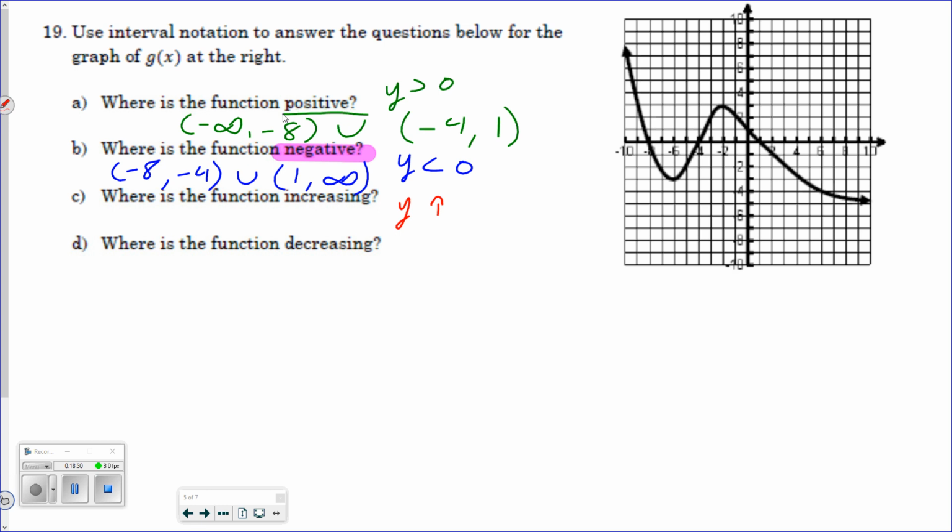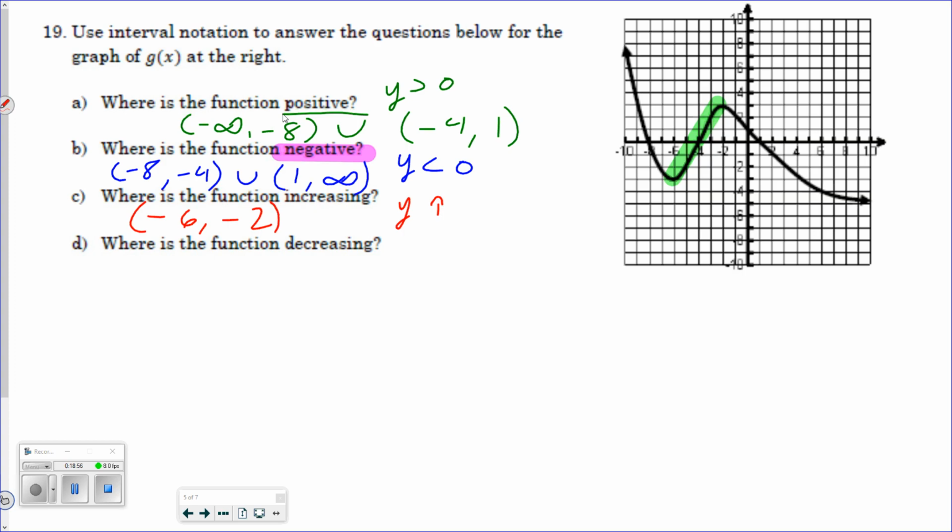I'm going to look at the graph and read it left to right, and see where my graph actually goes up. That only happens on this interval right here from -6 to -2. That's the only time your y's increase when your x's are increasing. So it's -6 to -2.